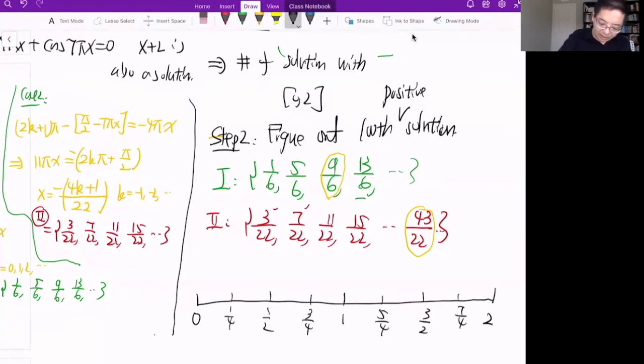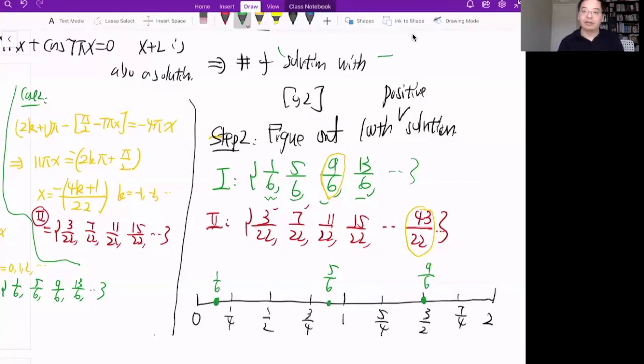For the first category, we have only 3 of them within 0 and 2. The first one is 1 over 6, then we have 5 over 6, and then 9 over 6, right here.